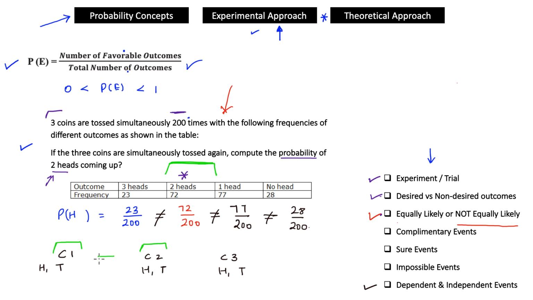There is no relation between these 2 events, right? If one results in a tail, the second could very well result in a head. There is no connection between them, right? Likewise, there is no connection between the second and third. They are also independent of each other. So this is the point. They are independent events. If they were to influence each other, then we say that they are dependent events.